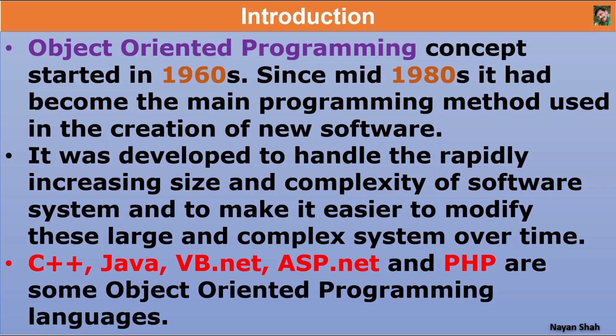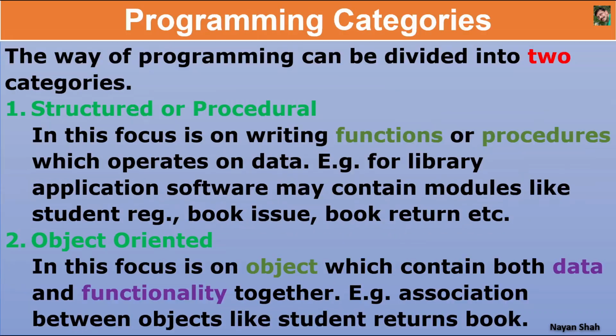To handle this, we need a programming technique which can handle all these things very easily. So to make it easier to modify large and complex systems over time, object-oriented programming was used. C++, Java, VB.NET, ASP.NET and PHP are some object-oriented programming languages.